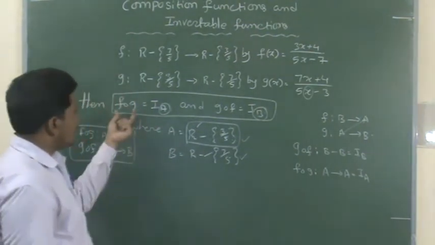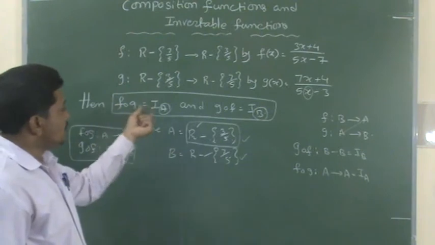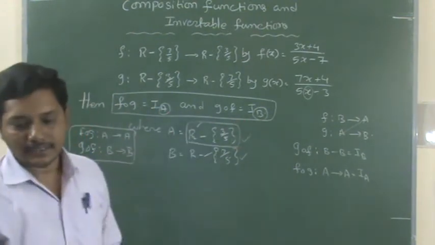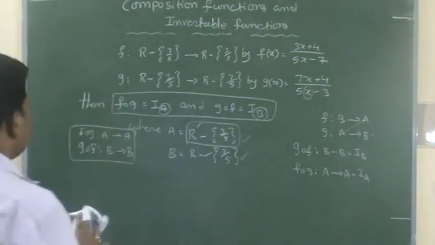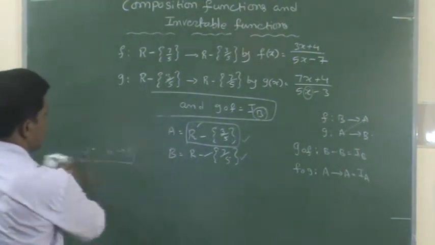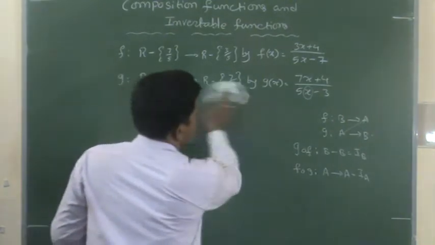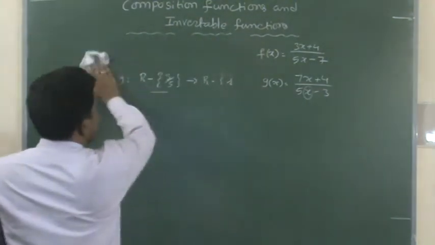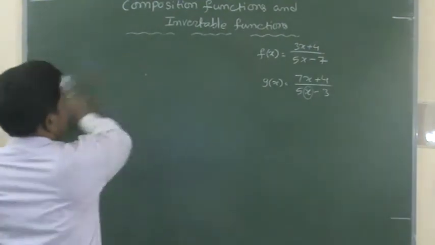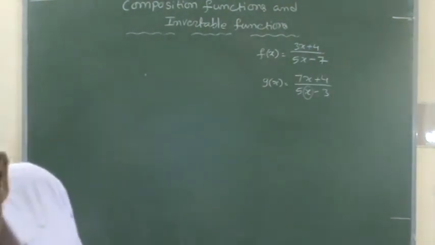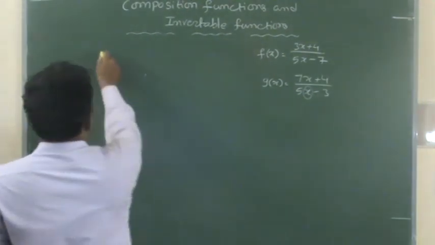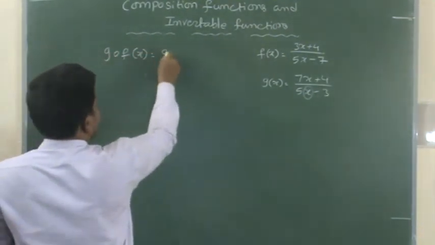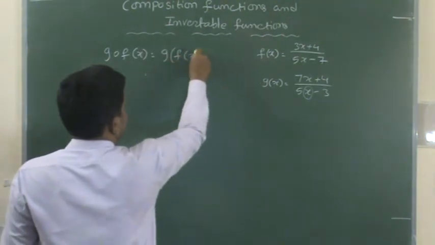Now I want to calculate g circle f is A and f circle g is B. Let us see. Now consider g circle f of x. That is nothing but g of f of x. Right?